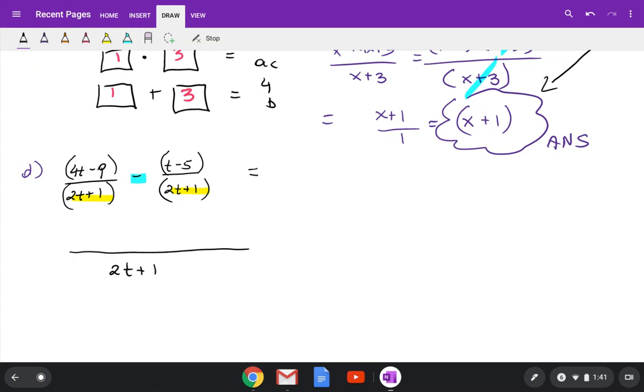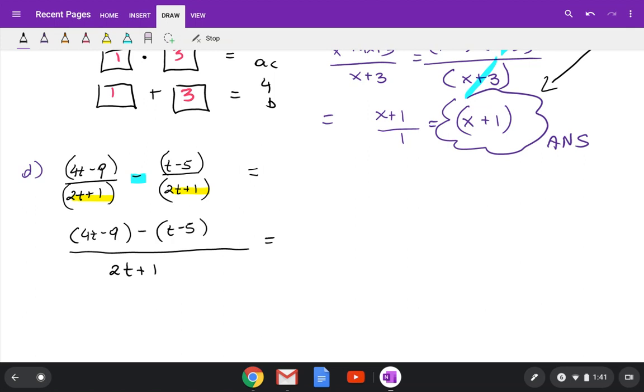We're going to have one large fraction, and we're going to subtract numerators. So I copy the first numerator, 4t minus 9 minus, and again, even if you don't see parentheses, just attach them. That will help you avoid making mistakes. Minus t minus 5.